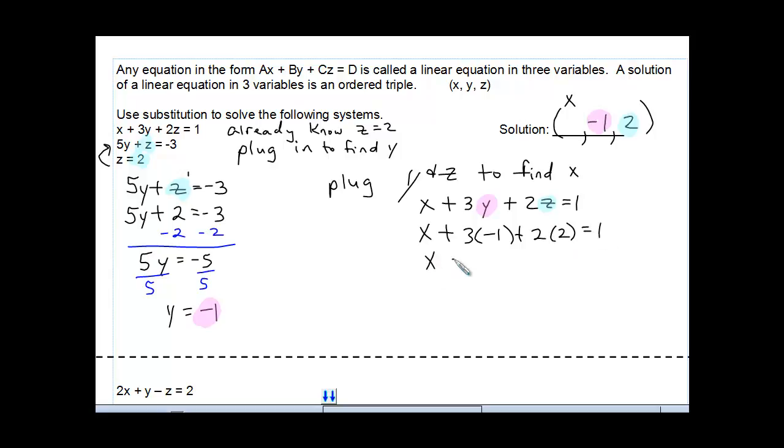So x - 3 + 4 = 1. When we combine like terms, x + 1 is equal to 1. Subtracting 1 from both sides, and x is equal to 0. And here's the solution.